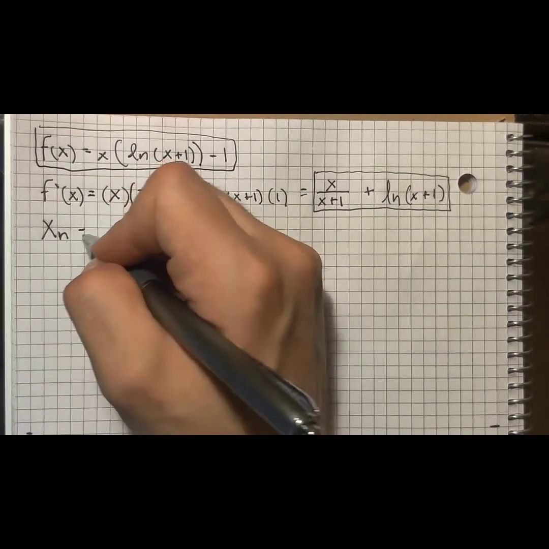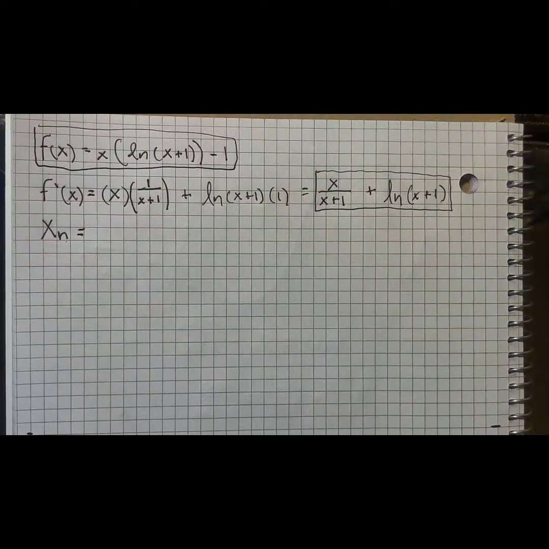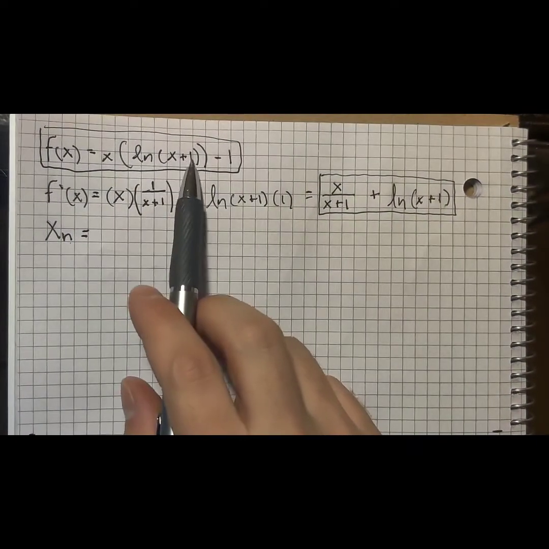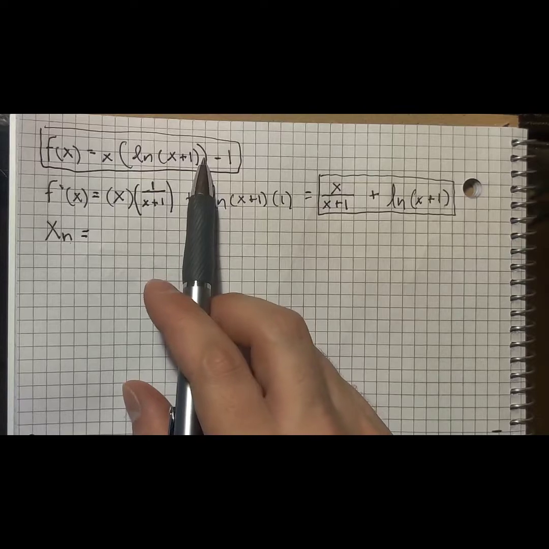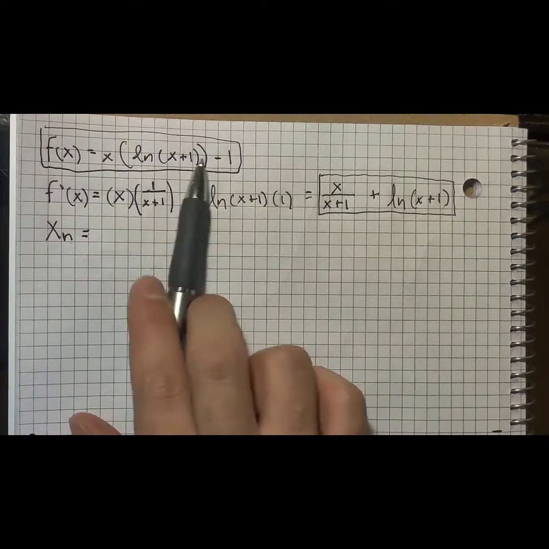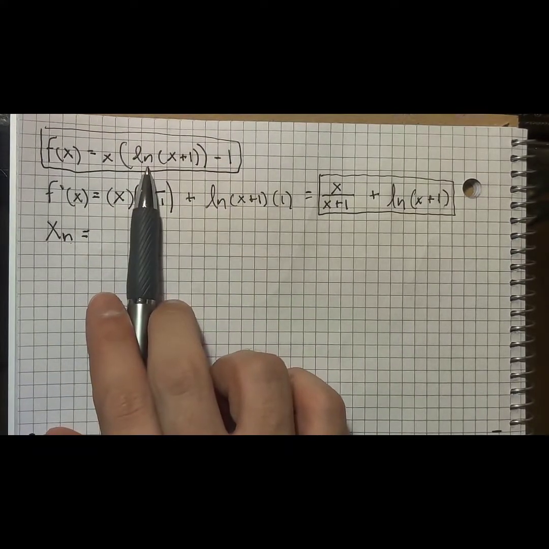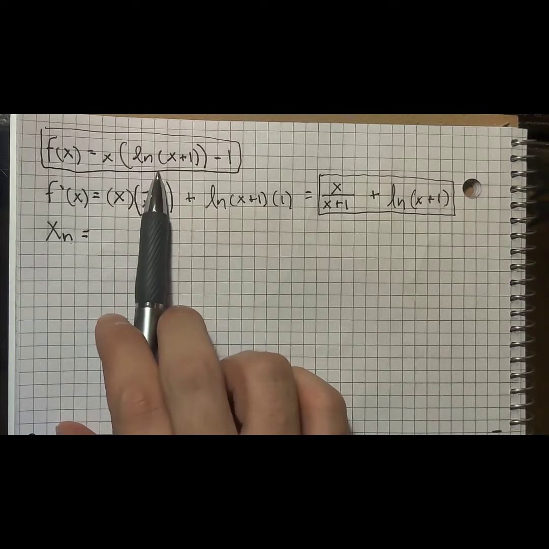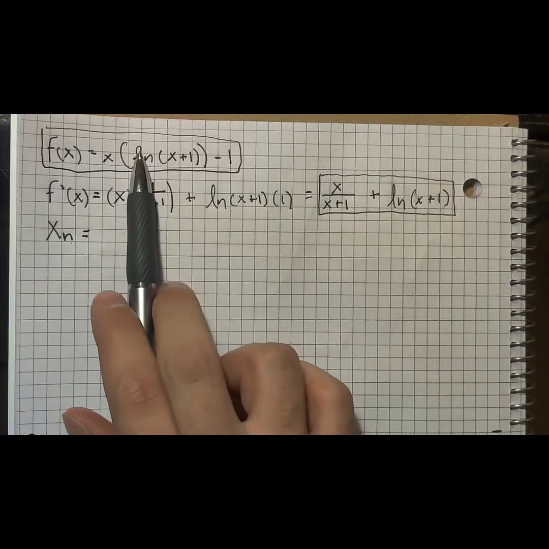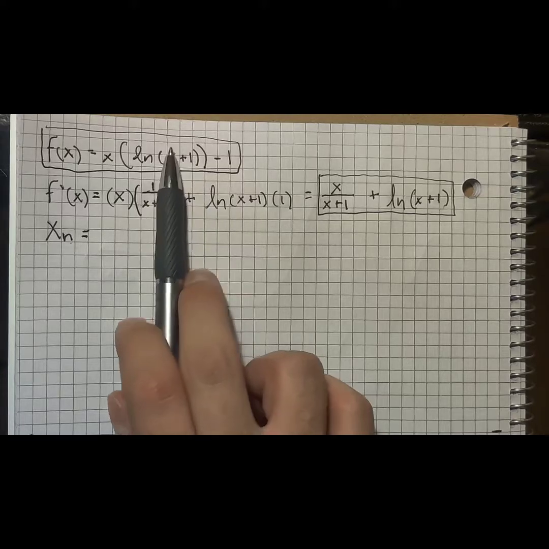Now, as far as our guess, what would be a good first guess? Let's return to our original function. I know by looking at this, it's got a natural log, so we're going to have a domain restriction. You can't take the natural log of anything that's not positive.